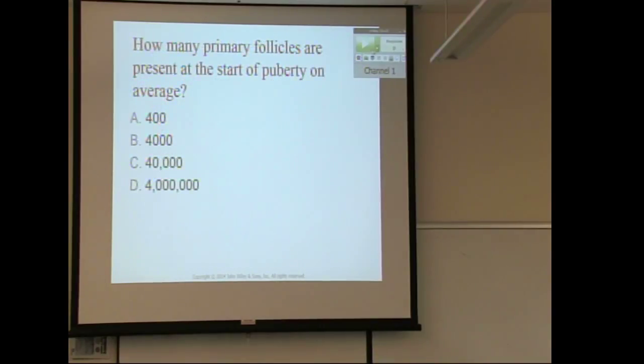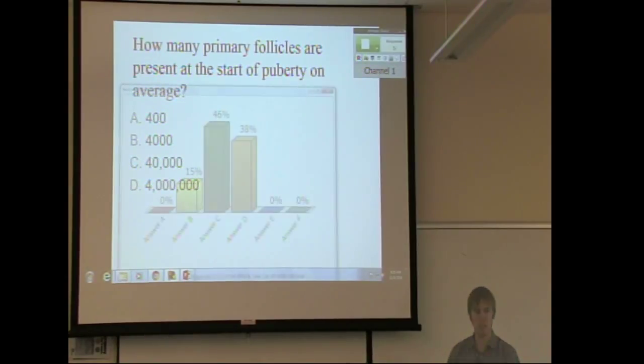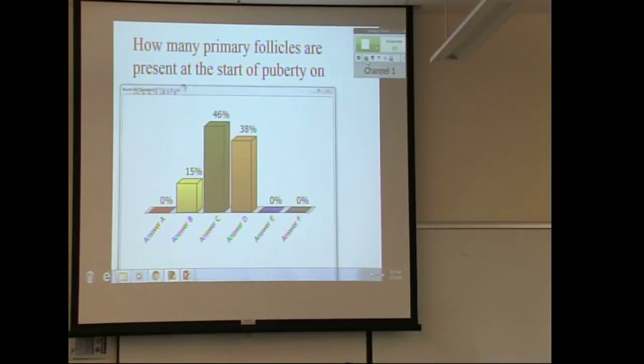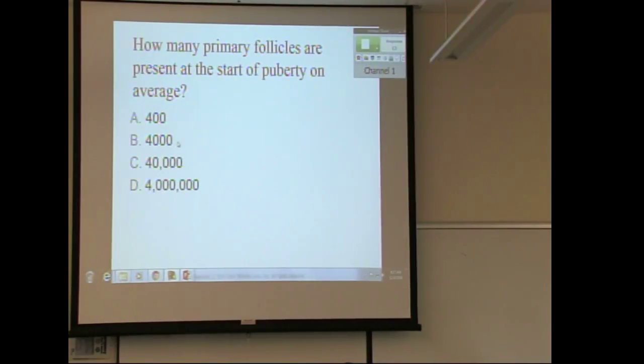All right, if you had to guess, how many primary follicles are present when you start puberty, do you think? All right, so we're tied between C and D. The answer is C. So there's 40,000 follicles. Obviously, you're not going to make 40,000 eggs, right?